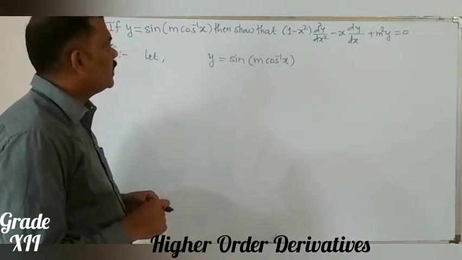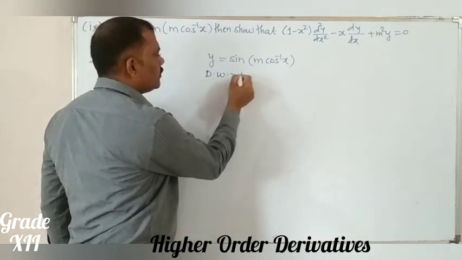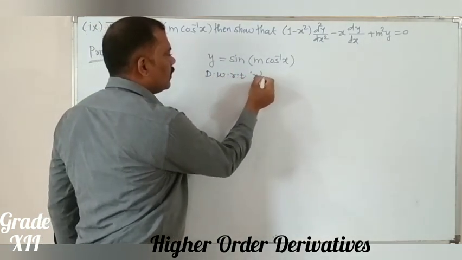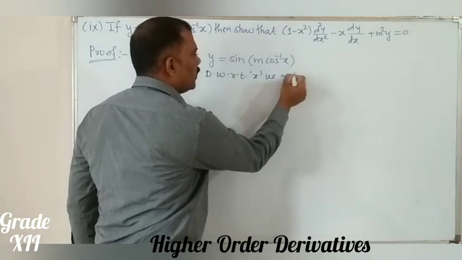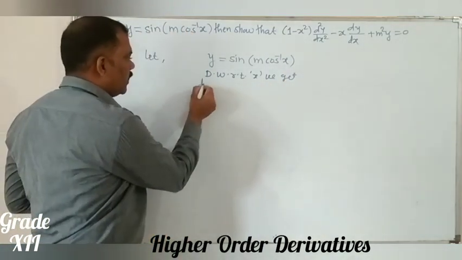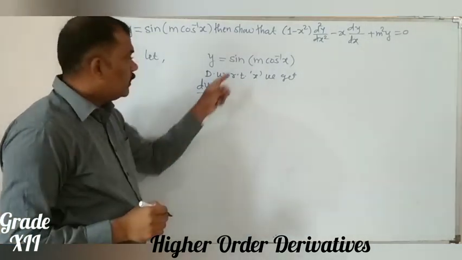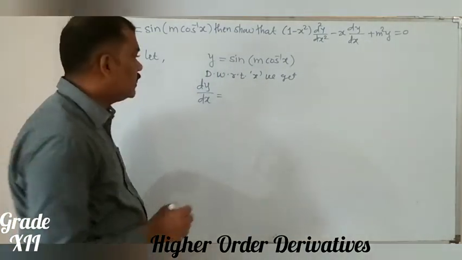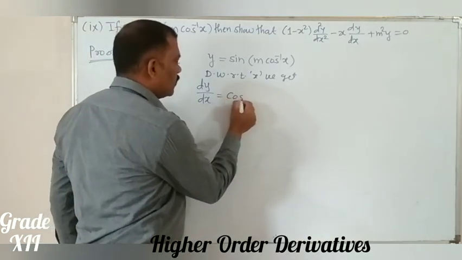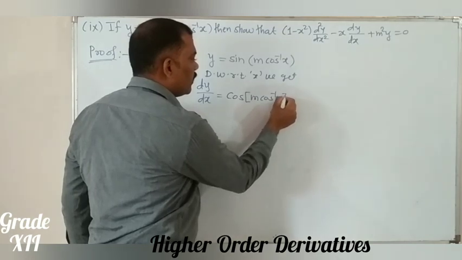Okay, we have to differentiate this with respect to x. Differentiating y with respect to x, we get dy by dx. What is the differentiation of sine? It is nothing but cos, so cos of m cos inverse of x.